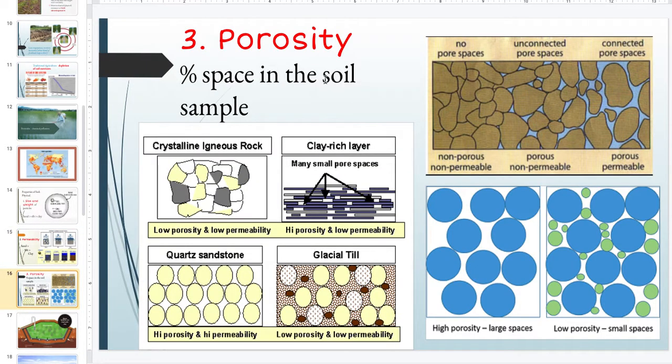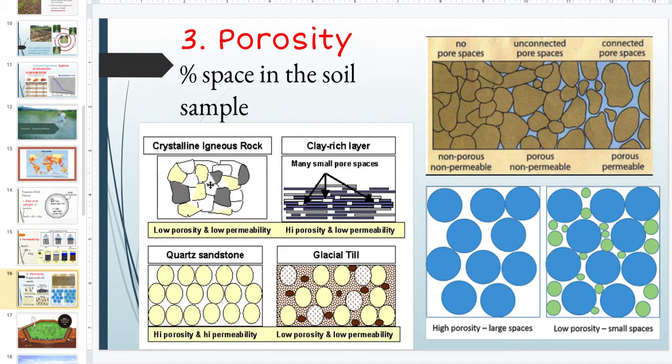All right, then we have porosity. This is the percent empty space in the soil. Now, this is less a function of particle size and more a function of the uniformity of a sample. If you have particles where all the sizes are the same, they're uniform, you're going to have higher porosity than if you have a soil sample where your sizes are mixed.